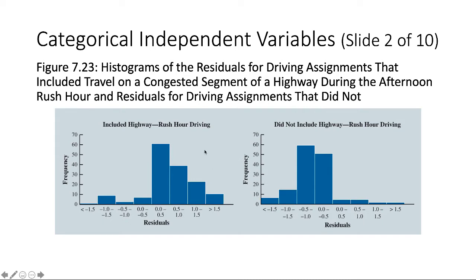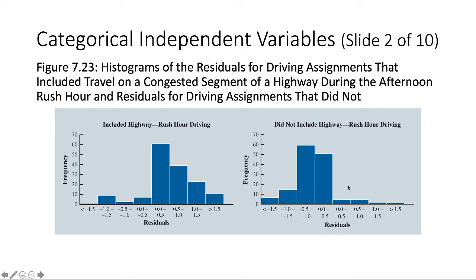The histogram on the left, which included highway rush hour driving, tends to have more positive residuals, which means that the actual driving time is greater than the predicted time. So we are generally under-predicting the travel time for these driving assignments.